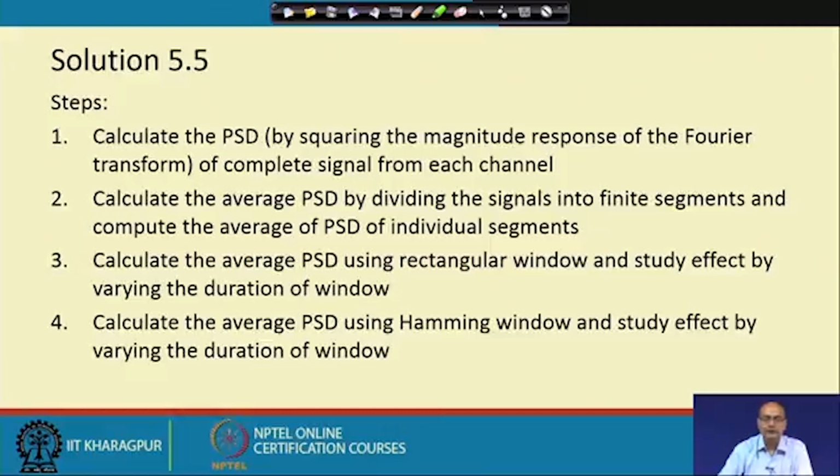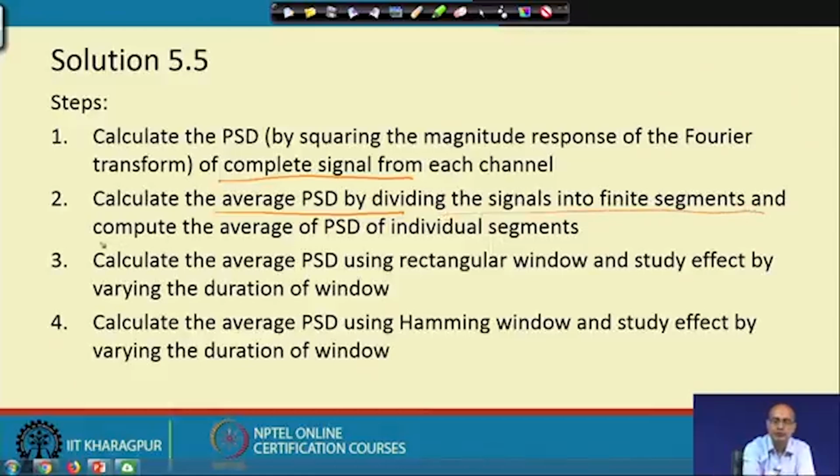For that we have to calculate the PSD of the complete signal first, of a channel, and we do it for all the channels. Then we calculate the average PSD by dividing the signal into finite segments and computing the average of the PSD of the individual segments.